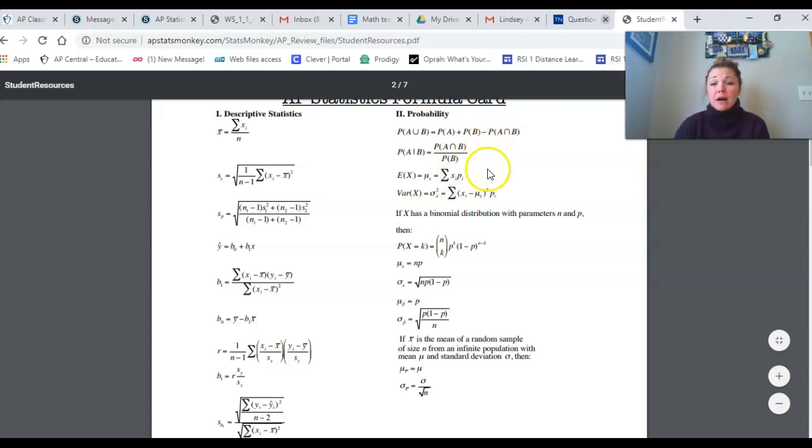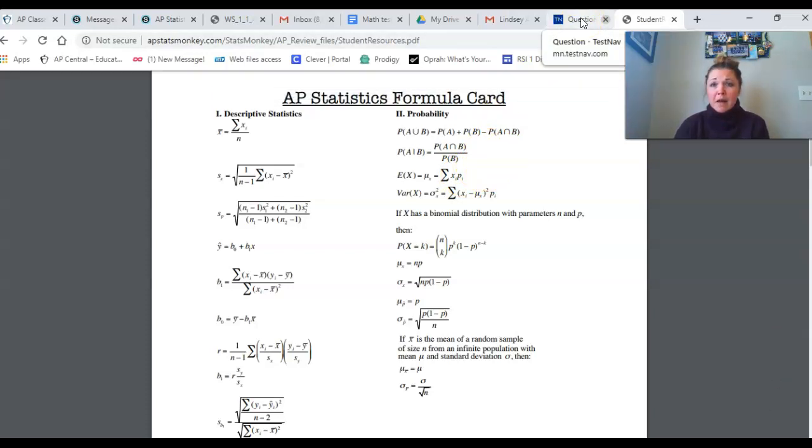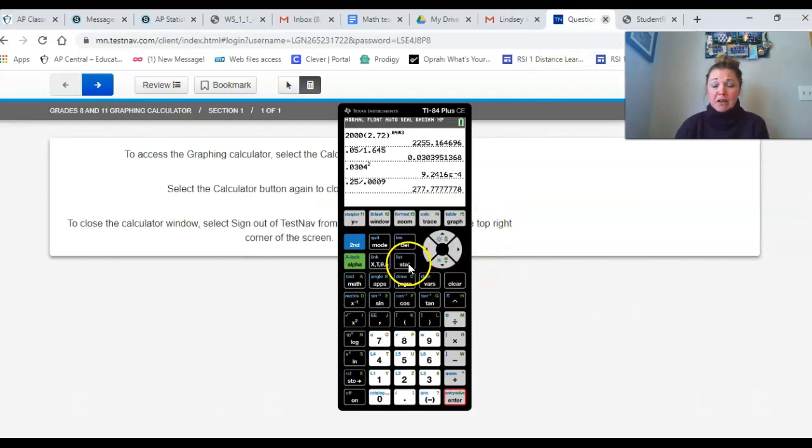Now, you can also do this in your calculator. What you would do is go to that graphing calculator, hit Stat, Edit, and put your list in. I'm just going to put an easy list in. And then you put your probabilities in, right? So 0.2, 0.3, and 0.5.